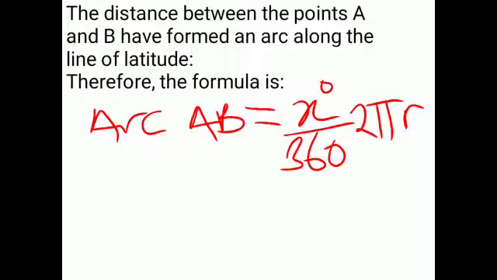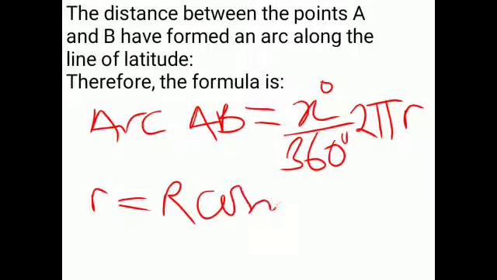This tells us that if our formula is x degrees over 360 degrees times 2 times pi times r, in this formula we always have to calculate r to understand the radius of that particular circle. So this means the radius is equivalent to R cos x degrees.